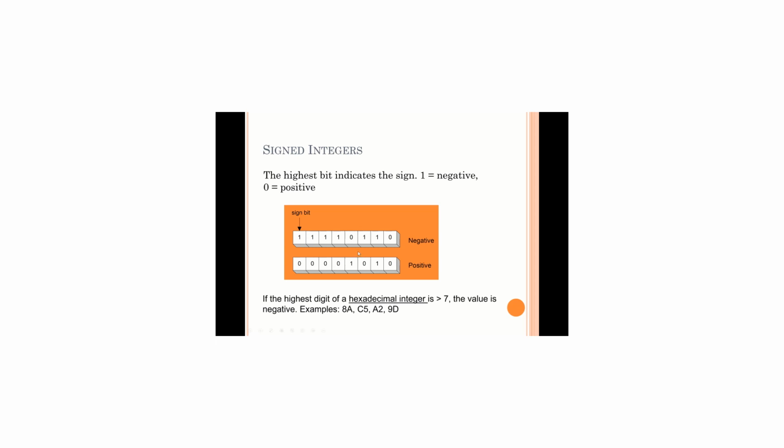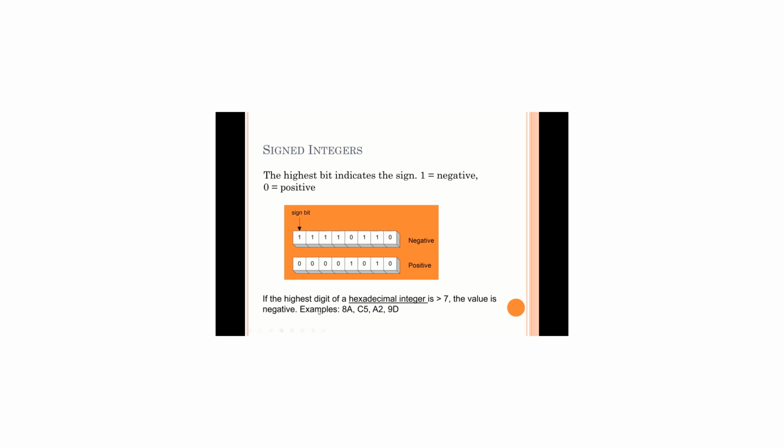And so if you're looking at a signed hexadecimal number, if the most significant digit on the left is greater than 7, meaning that the most significant bit would be 1, then the number is negative.